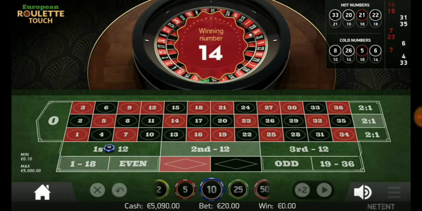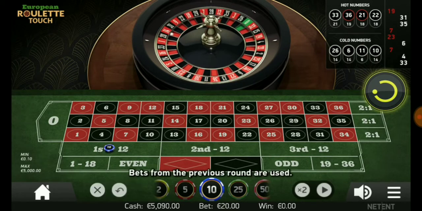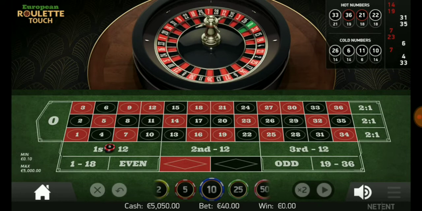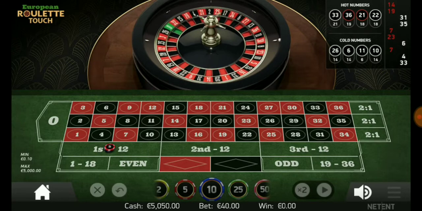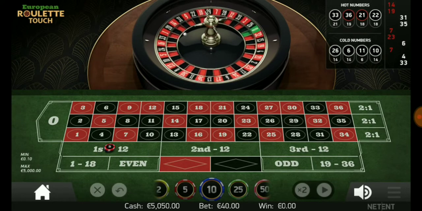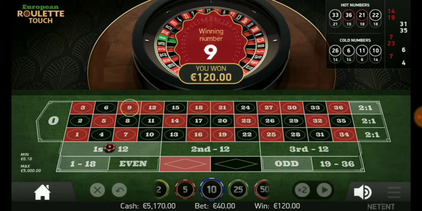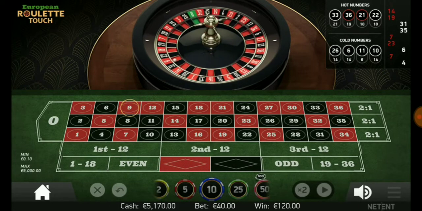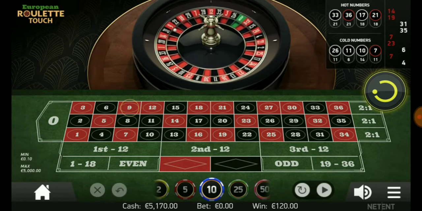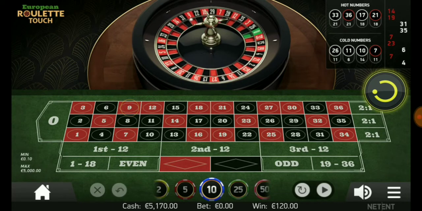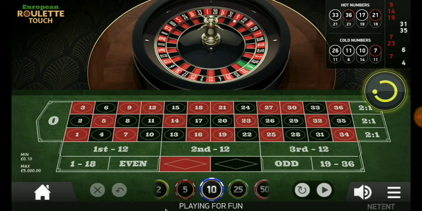The winning number is 14 red. The winning number is 9 red. You see, my bet was 40 euros and I just won 120 euros. So I just made 170 euros in hardly some time.